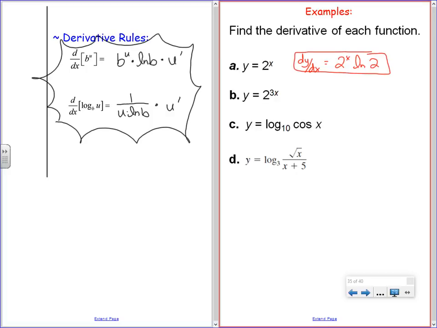Done, done, done. Split up the log. Oh yeah, I did that. ln of... Can you do that? Is that legal? Think about it. You say it's legal.